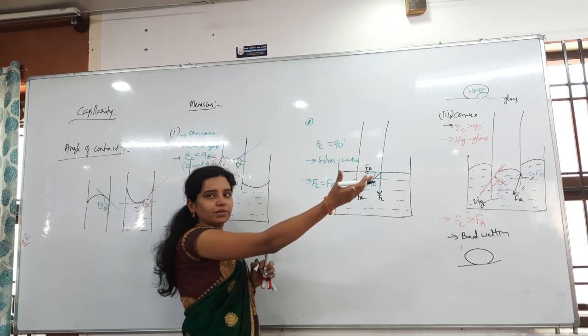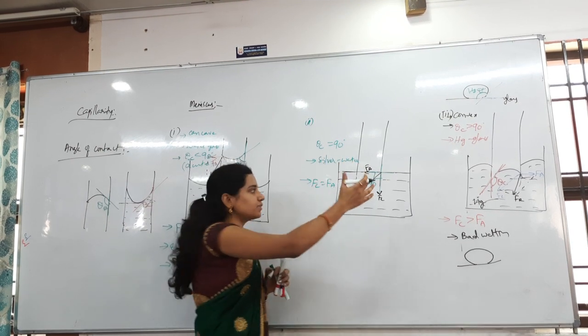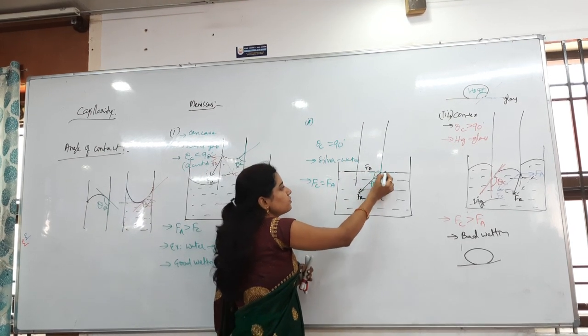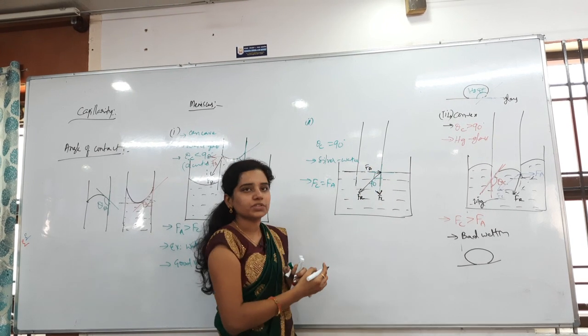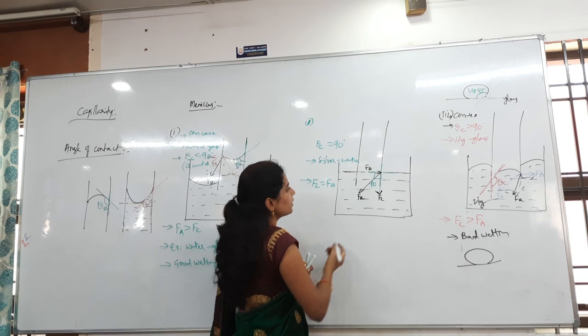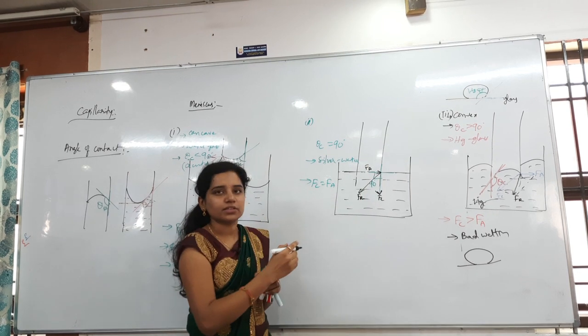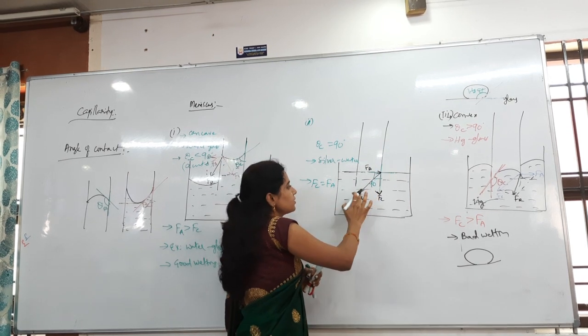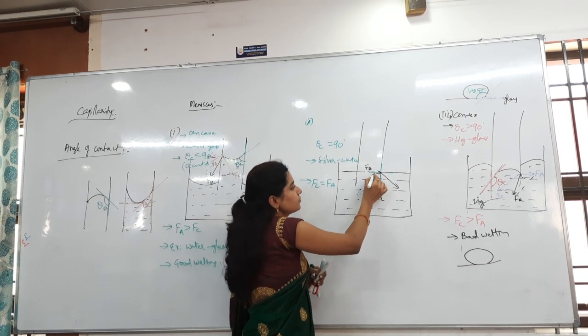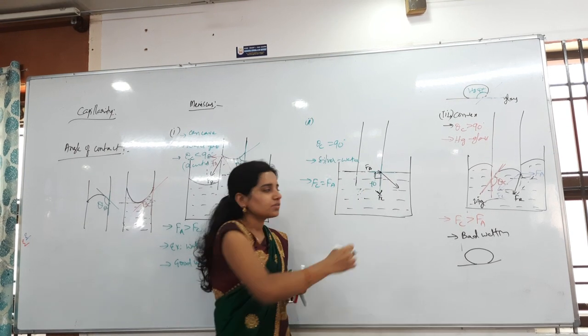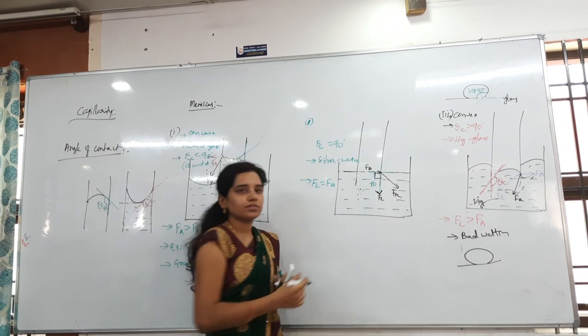The adhesive force will always be towards the glass, right? In this direction adhesive force is there, in this direction cohesive force is there. So where will you get the resultant? Exactly in this way you will get the resultant, not in that way, right? Wherever that might be, inside only. So this is the resultant Fr.